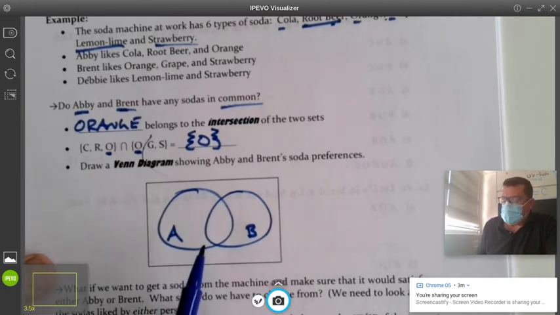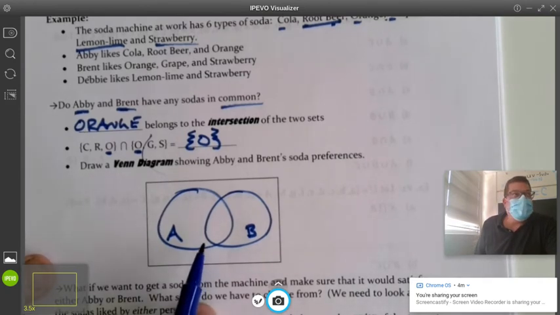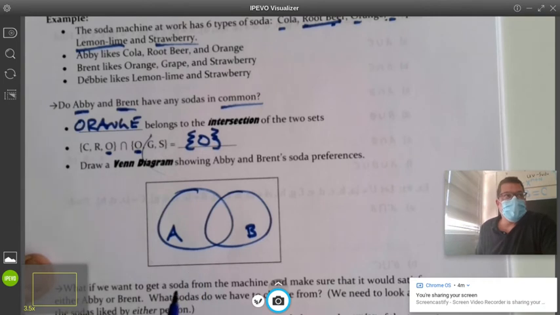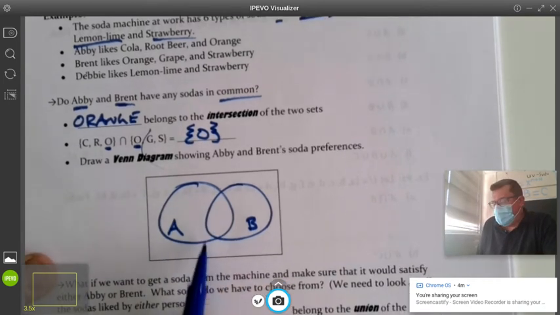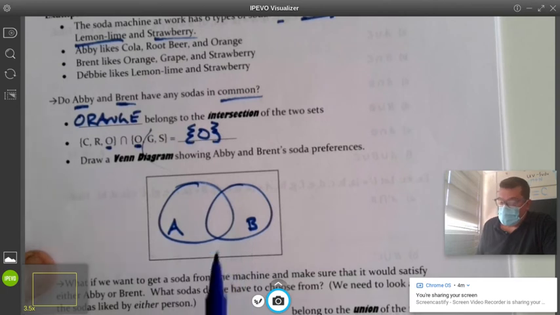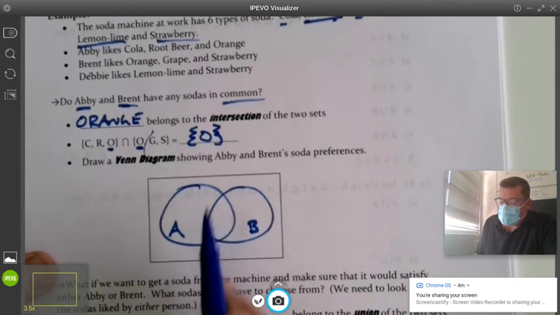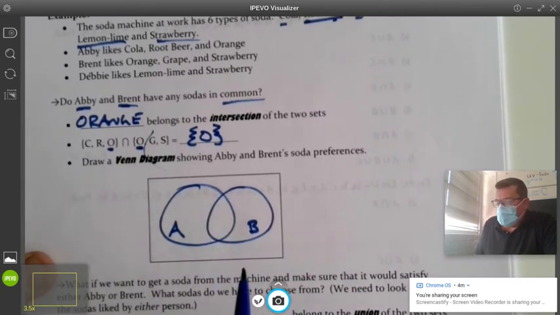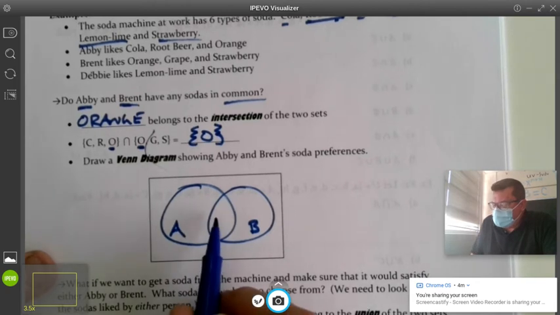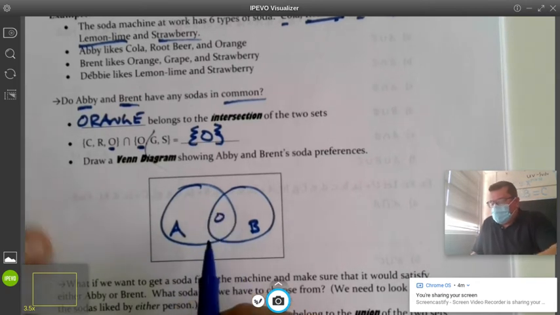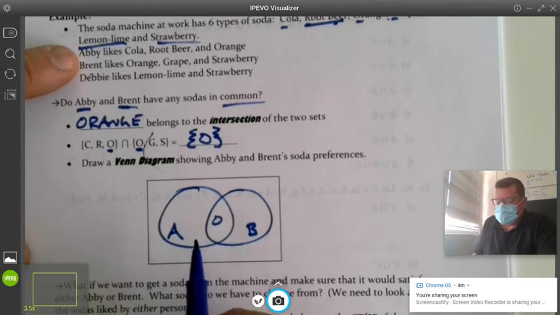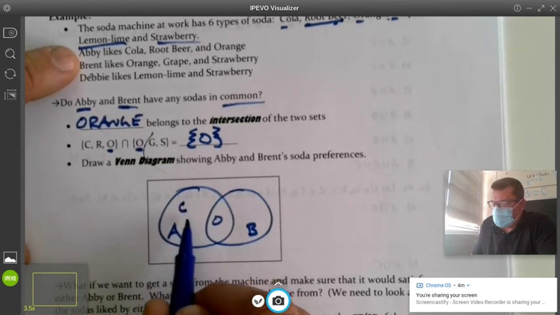To fill in Venn diagrams, I like to fill the innermost part first. What do they share? What do they have in common? We'll put that in this overlappage football shaped item. And what should we put there? Orange. Then fill out the rest of Abby's likes, cola and root beer.